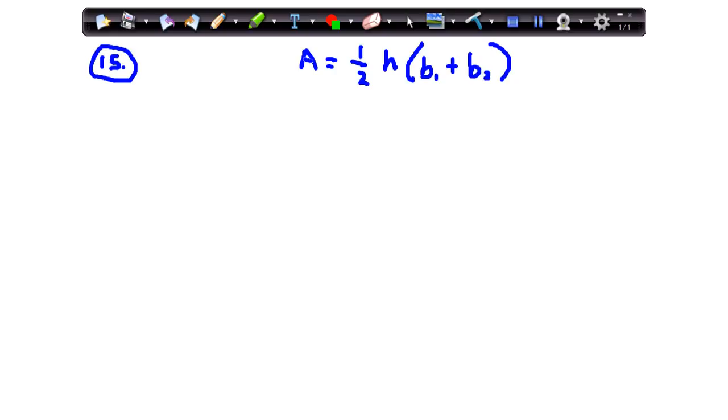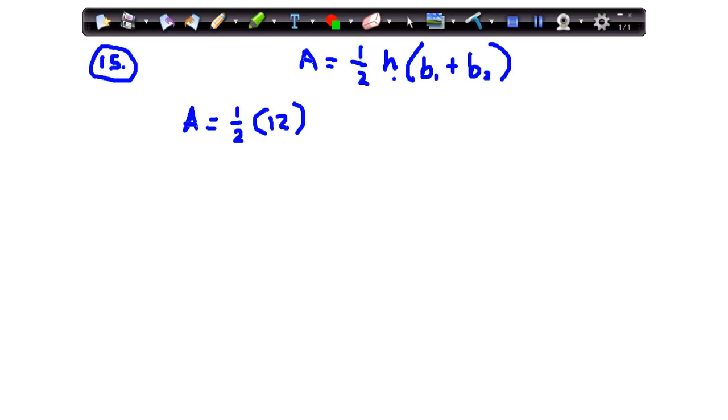So, let's plug in the values. A equals half, and H is the height, so the height is 12. And base 1 is 10 and base 2 is 15.